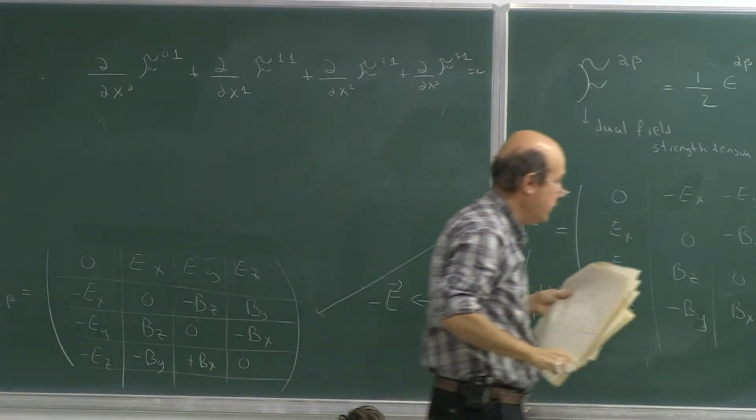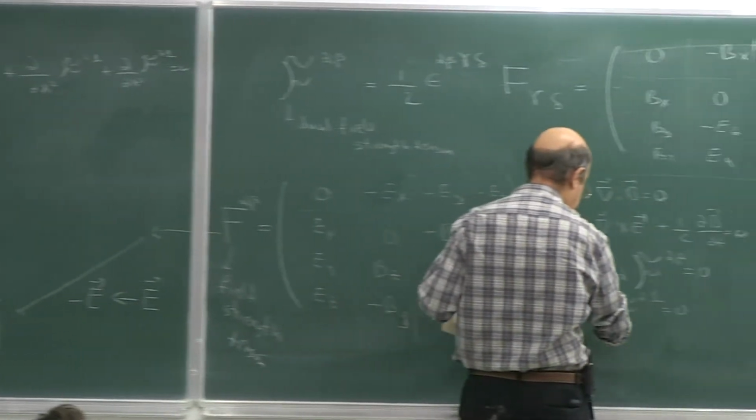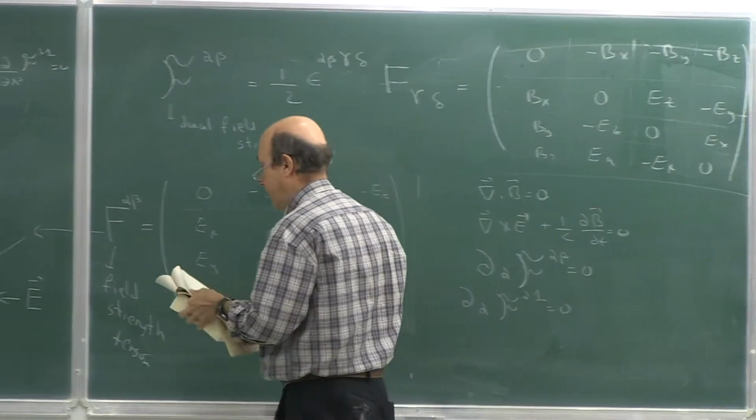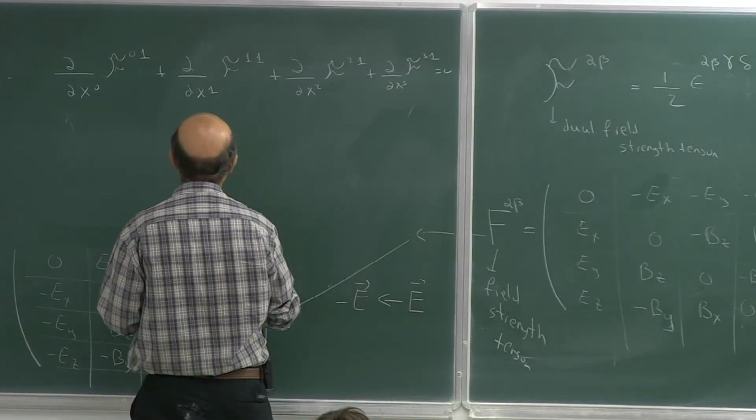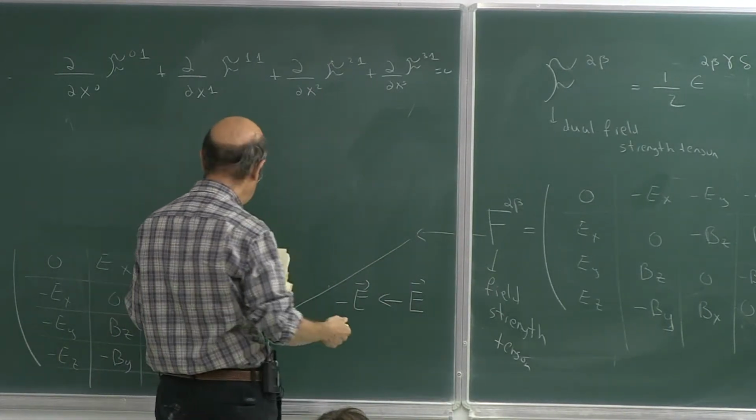Did I do correctly? Yes. Alpha 0, 1, 2, 3. Now, there is no mistake. Okay.